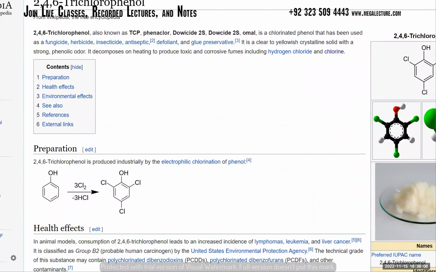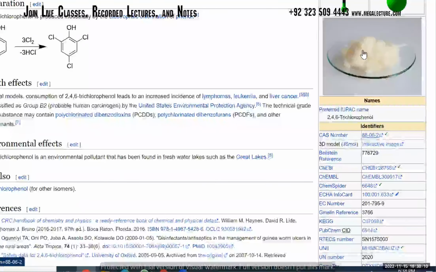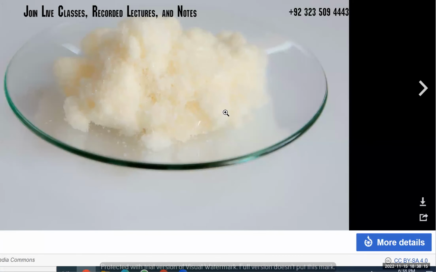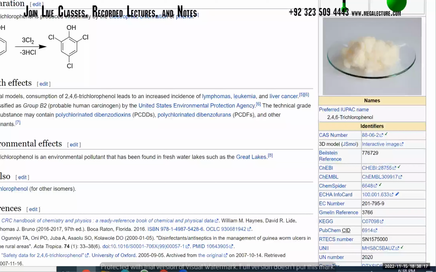I guess it is a white precipitate. This is what it looks like. I don't know if it's white है या cream है. I guess it is a white precipitate as well.